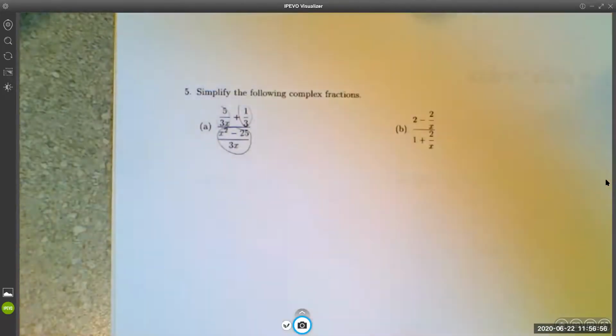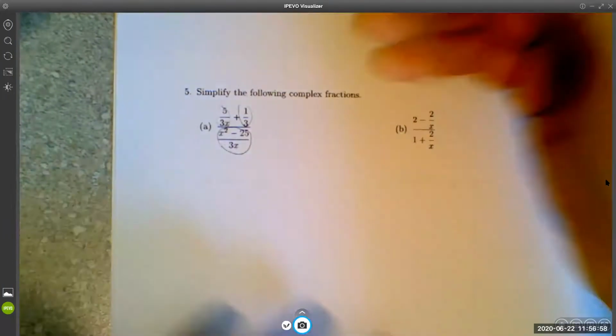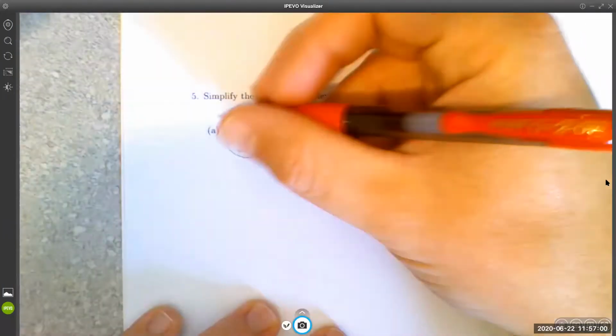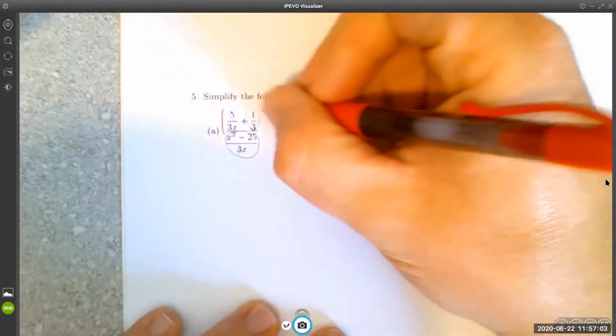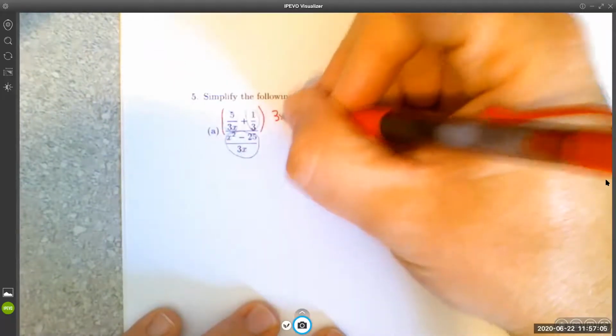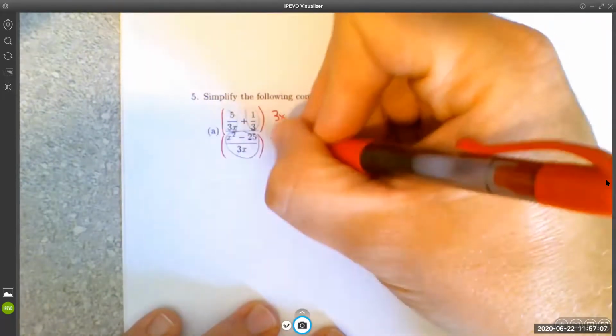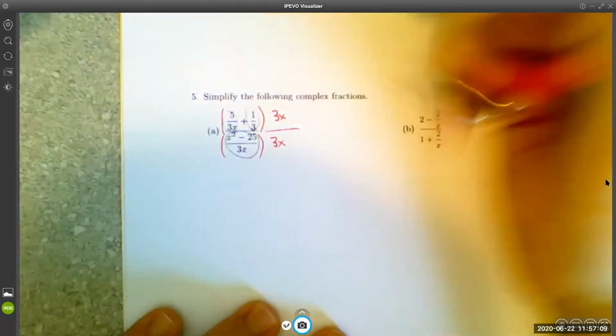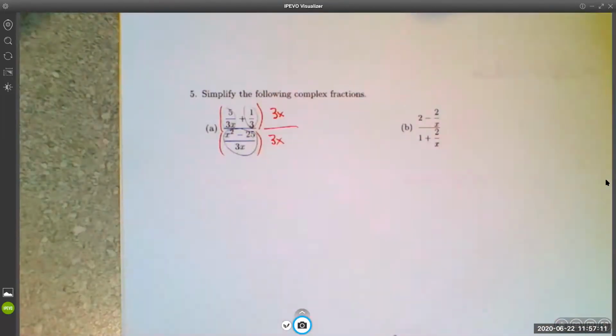But once I know what the LCD is, to clear these fractions, I multiply through by the LCD. So I'm going to multiply by 3x in the numerator and 3x in the denominator. And I'm allowed to do that because if I multiply by 3x over 3x, I'm really just multiplying by 1, which doesn't change the expression.